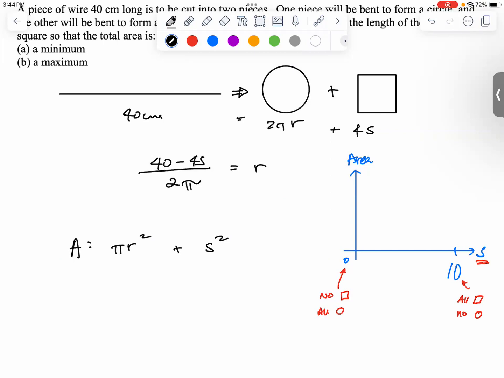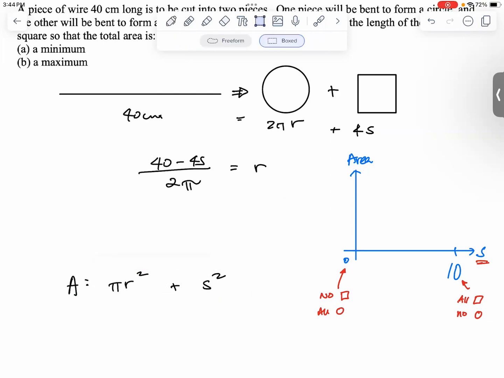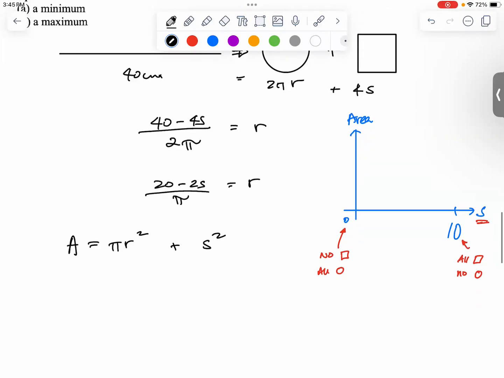Or if you want it a little bit simpler, we can reduce it by 2: (20 minus 2s) over π. And then we can go ahead and substitute into the area equation.